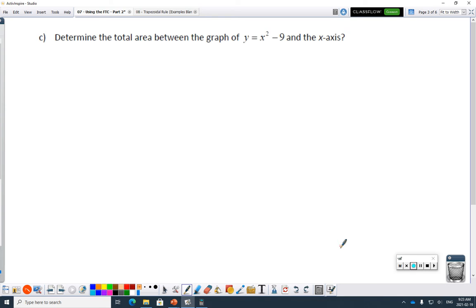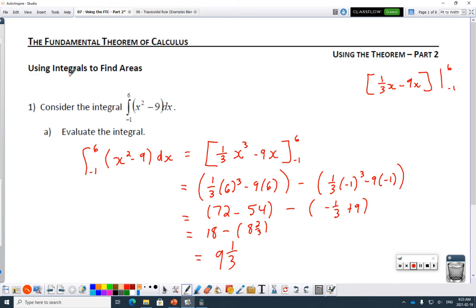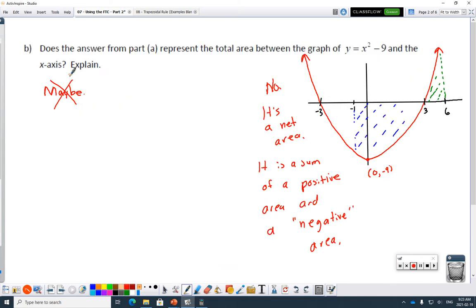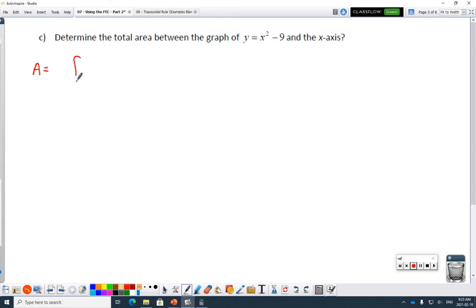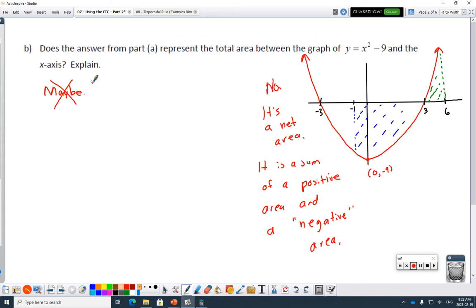Determine the total area between y equals x squared minus 9 and the x-axis. Here's how we do it to find area. So here, area equals, so instead of doing the integral from -1 to 6, we're going to do the integral from -1 to 3.